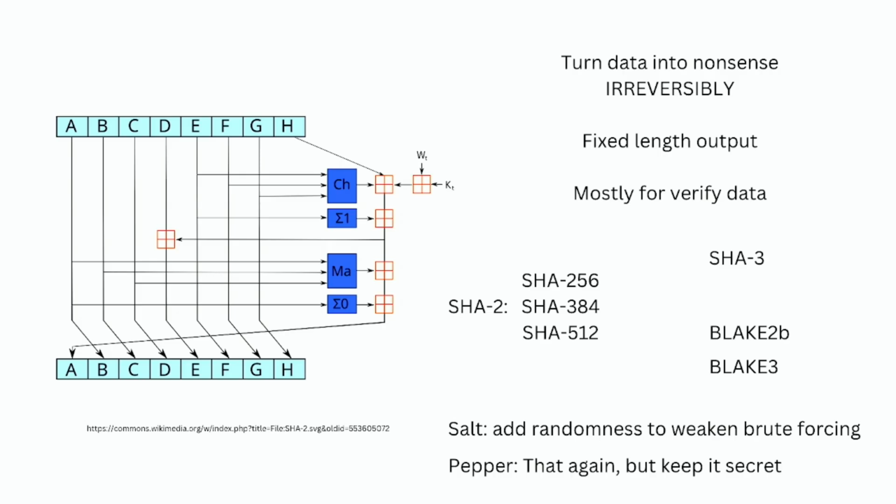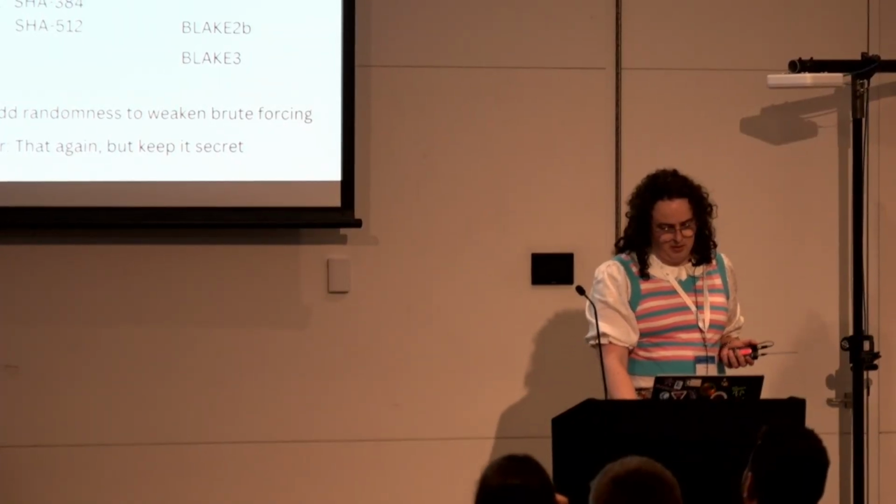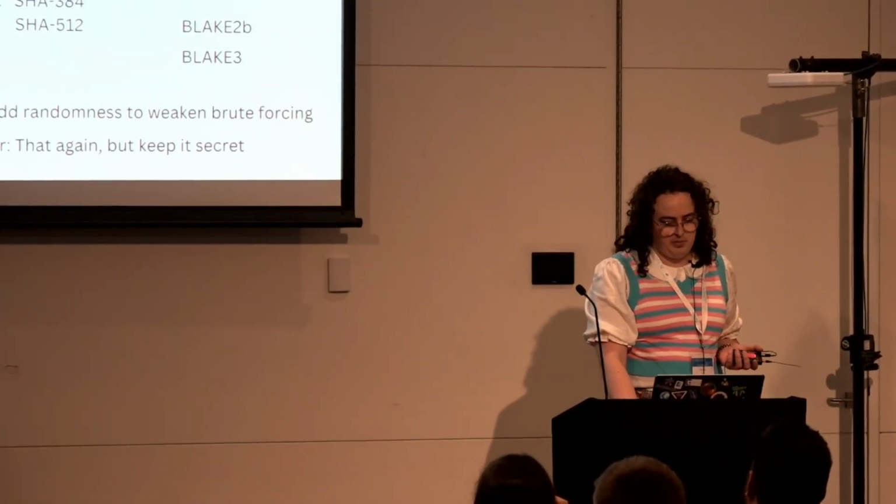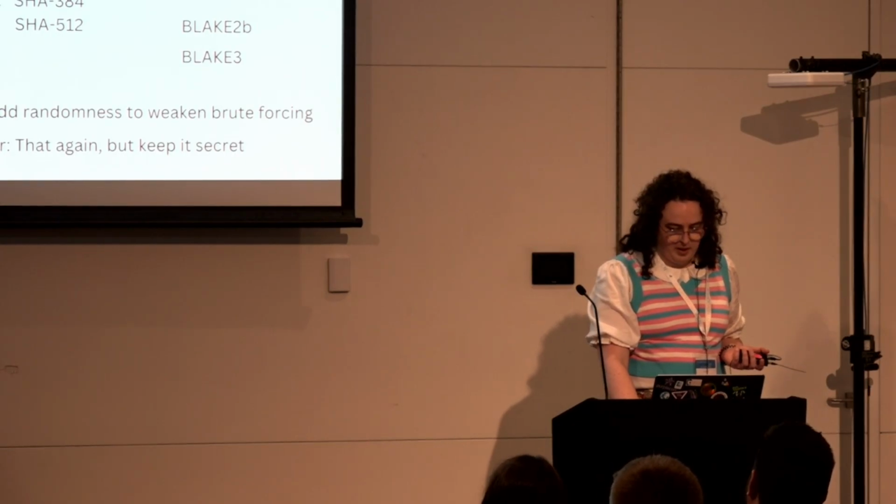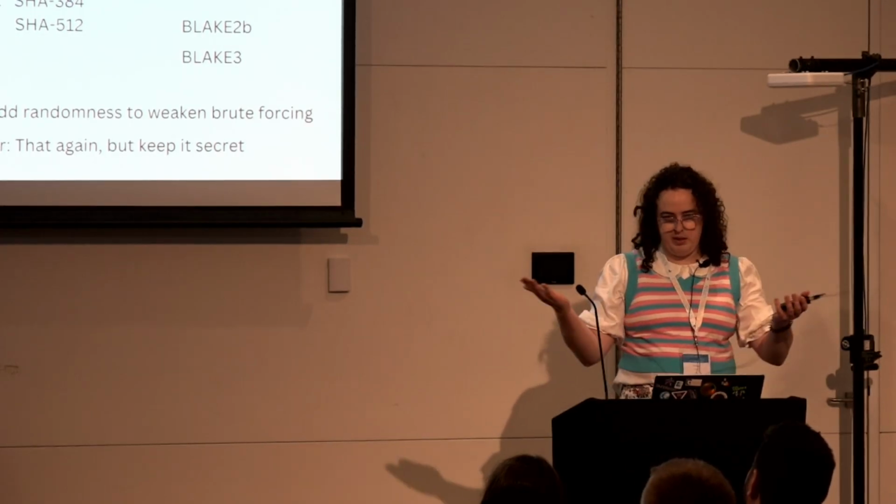Hash algorithms are notable because they're irreversible. It's a one-way encryption. This is a diagram of how SHA does things. But the general idea is, I think these are in blocks, because this takes a 512-bit input. It takes these blocks and combines them with various math functions.